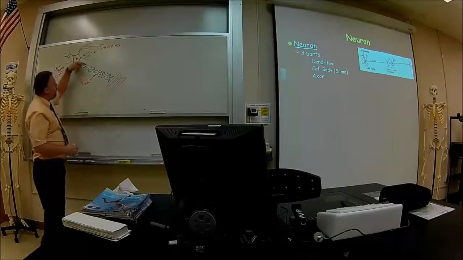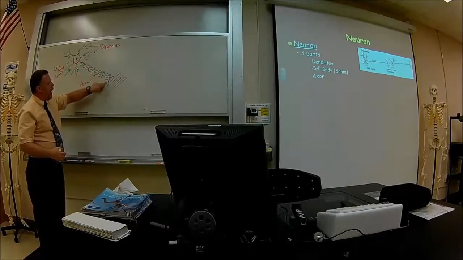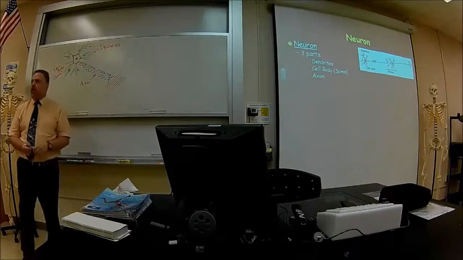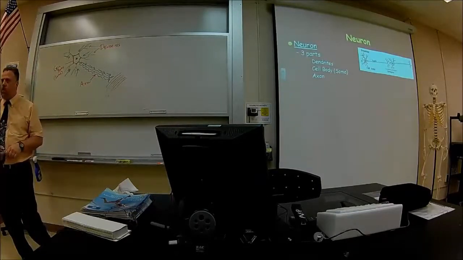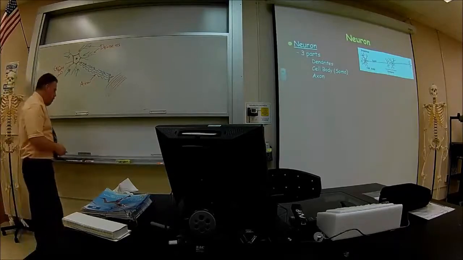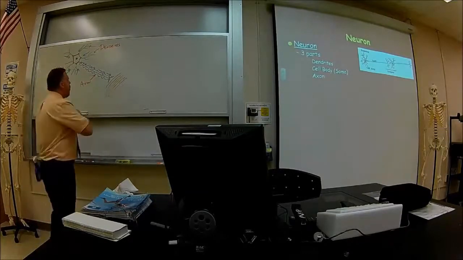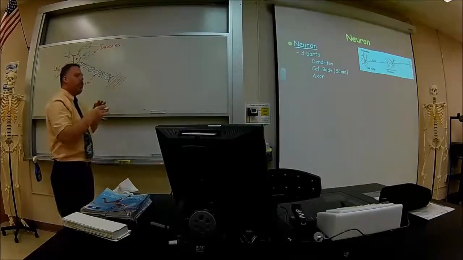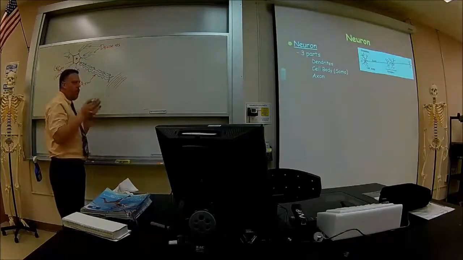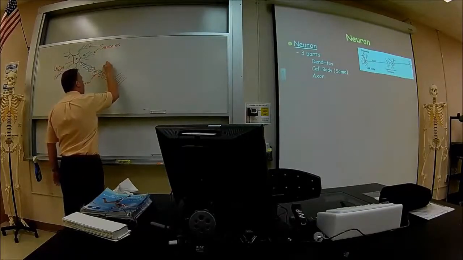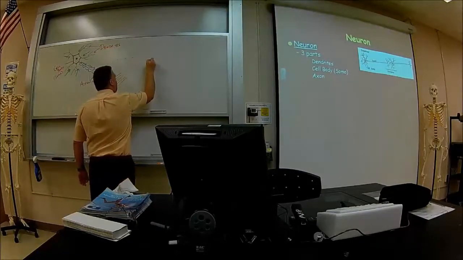And when this action potential goes down to the axon terminal, it's then going to tell the muscle to contract. Or it might not go to a muscle. Now it wouldn't do both of this. I'm just creating a new creature here just for your entertainment purposes. But the axon might not go to a muscle.